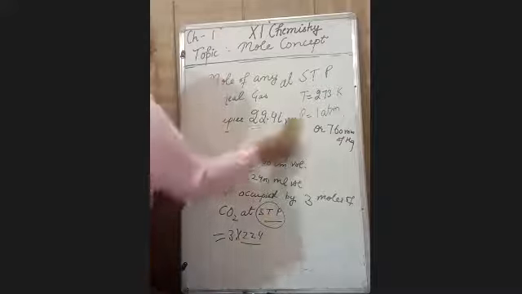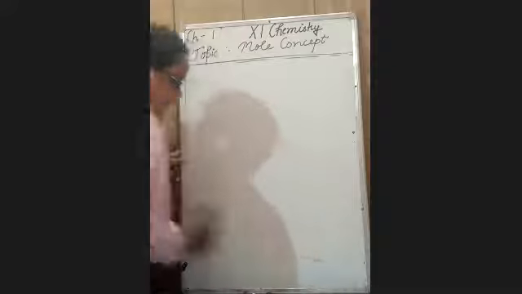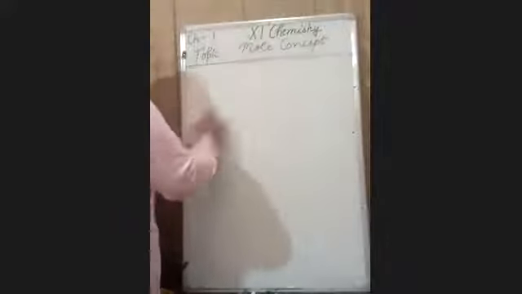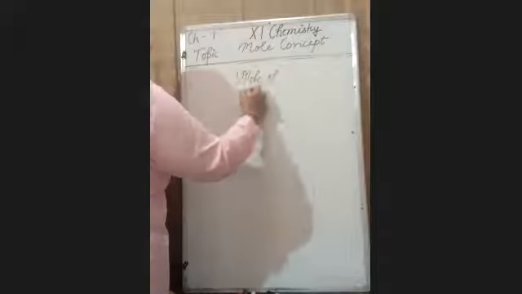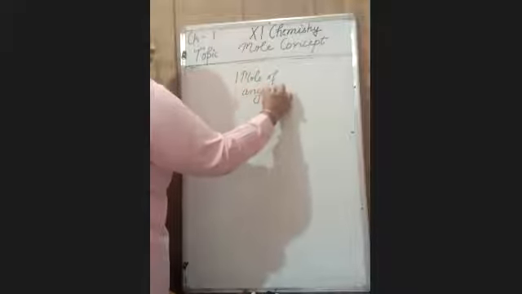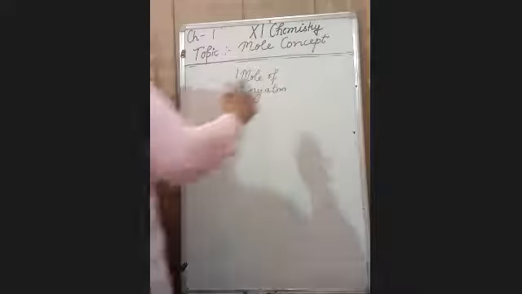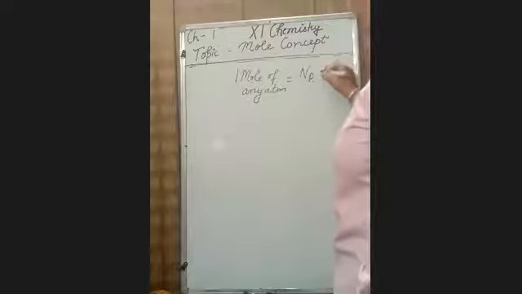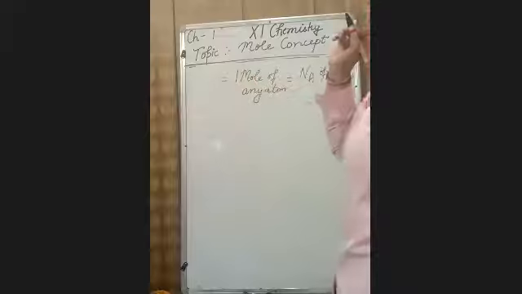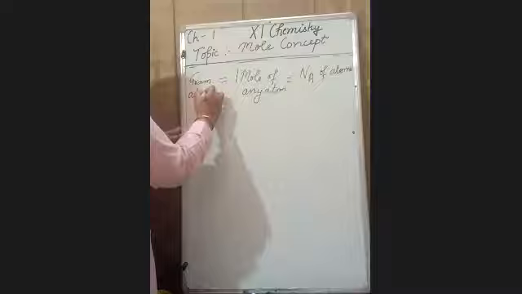Fine. Now, I am telling you the conclusion of this topic. Please remember, 1 mole of any atom, be it hydrogen, oxygen, fluorine, neon, any atom, contains Avogadro's number of atoms and is equal to its gram atomic mass.